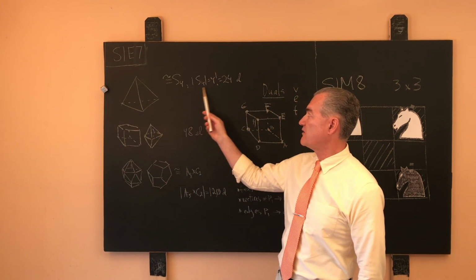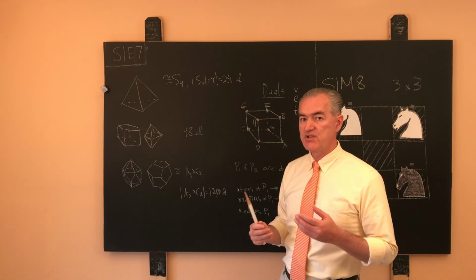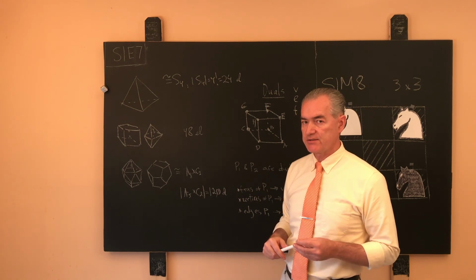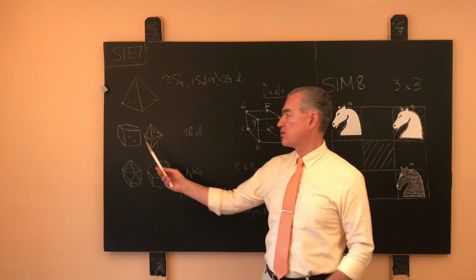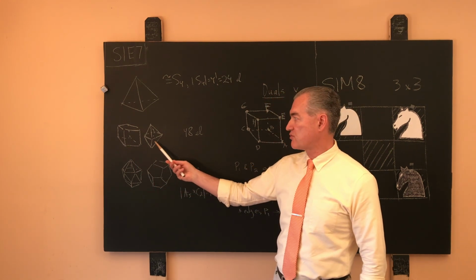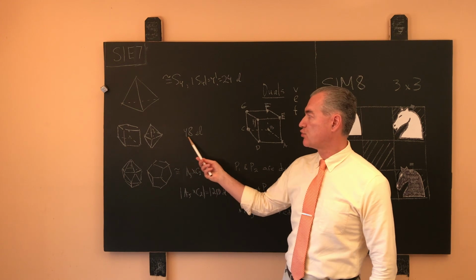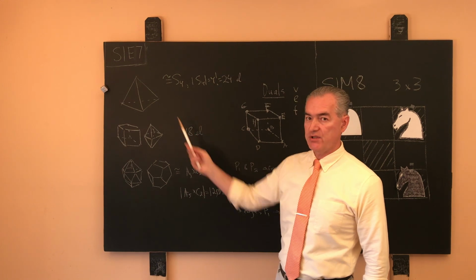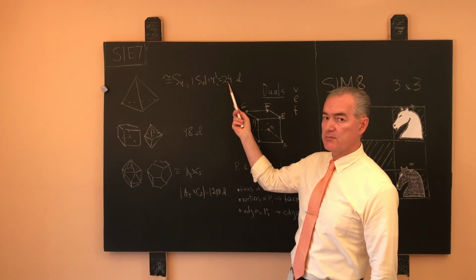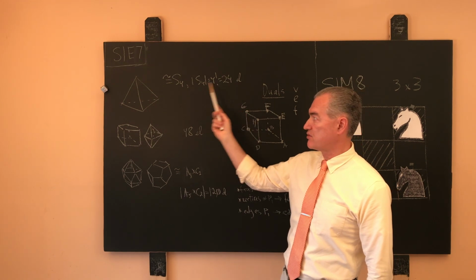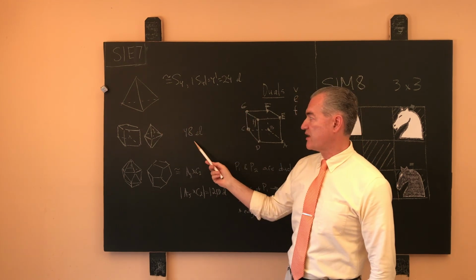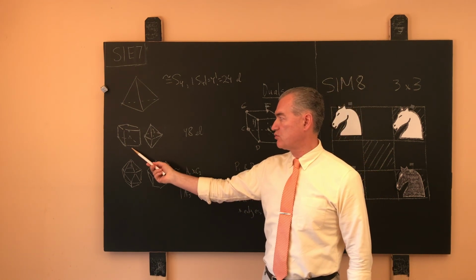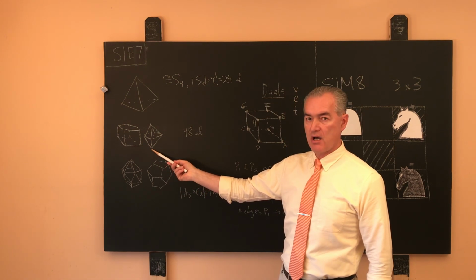And now we have a meaningful, objective way to compare the amount of symmetry in these solids. As such, we see that, for example, a cube and a regular octahedron are twice as symmetric in some sense as a regular tetrahedron, because there are 24 elements in the group of rigid symmetries of a regular tetrahedron, and there are twice as many, or 48 elements, in the group of rigid symmetries of a cube and of a regular octahedron.